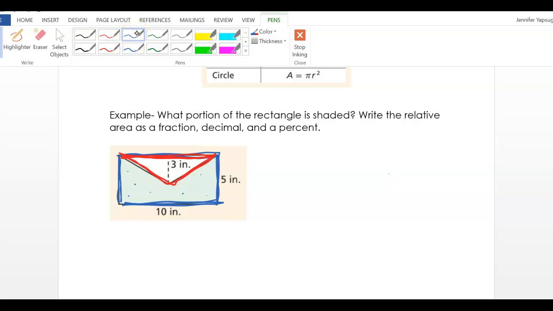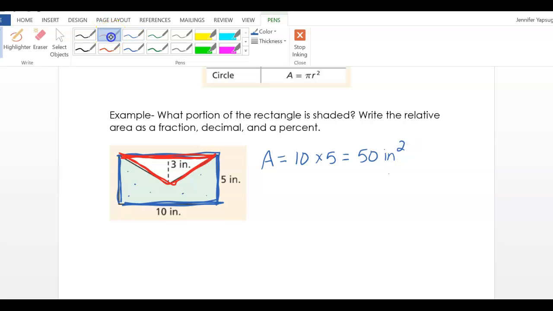Going back to my blue, to find the area of this rectangle, if I look at that chart, it's simply length times width. My length is 10 inches and my width is 5 inches. I multiply those two numbers together and get an area of 50 inches squared.